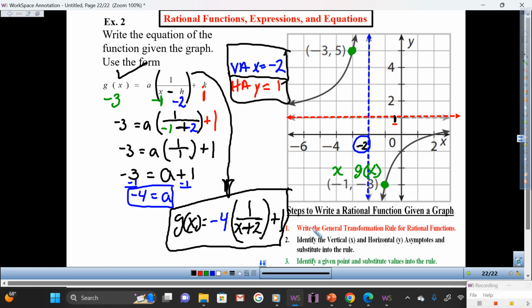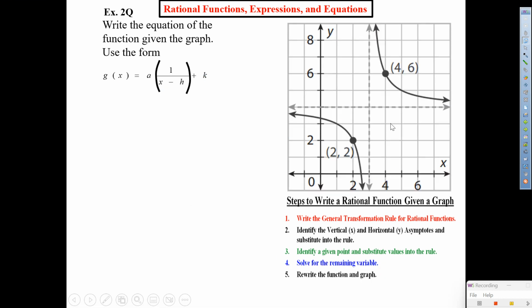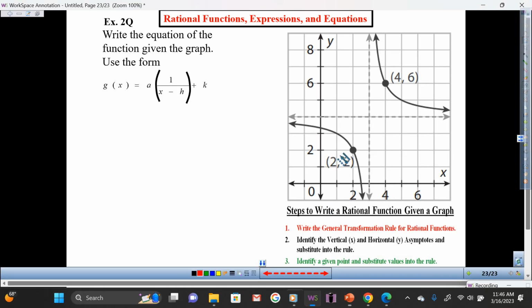All right. So, with that said, copy that one. See if you can do that one by yourself completely. Let me show you the asymptotes. Here's the red one. Here's the blue one.